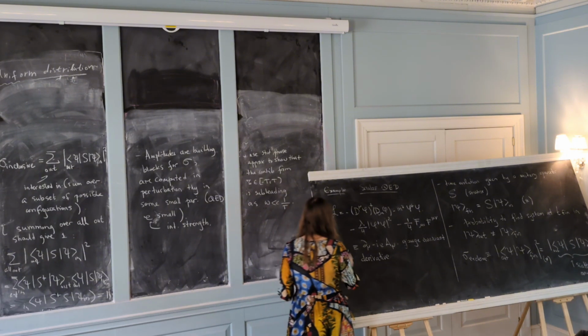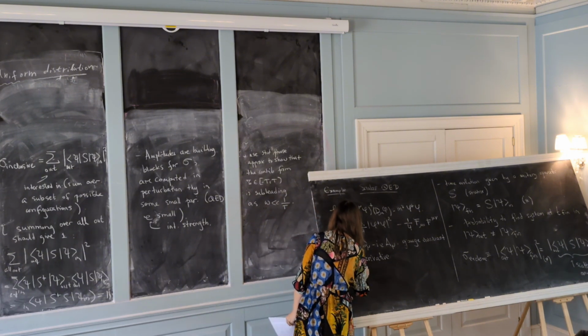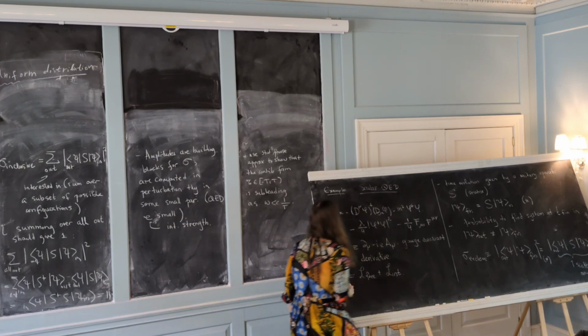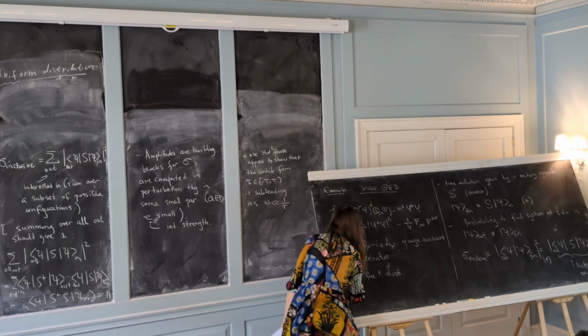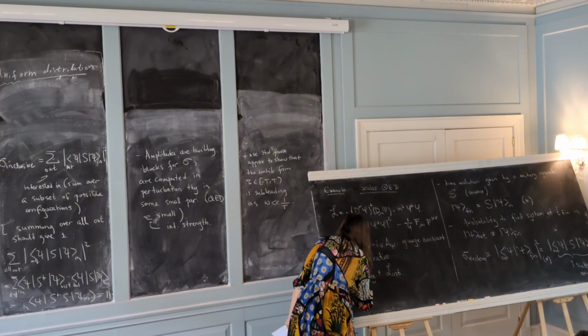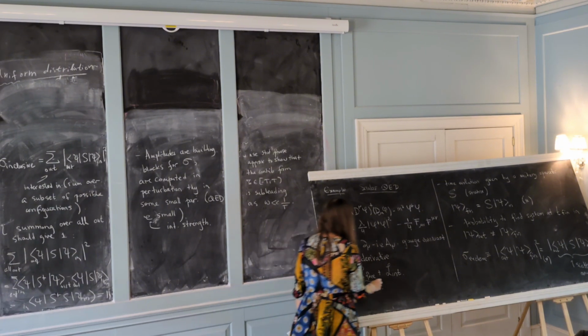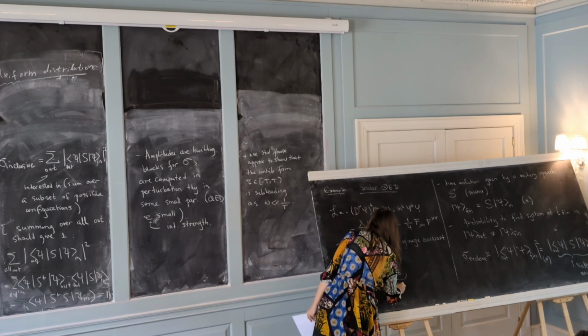So I can split this Lagrangian into a free piece and an interacting piece, like in quantum field theory. The free piece is just going to contain quadratic terms. It's basically the kinetic terms, and the interaction term is going to contain cubic and higher.